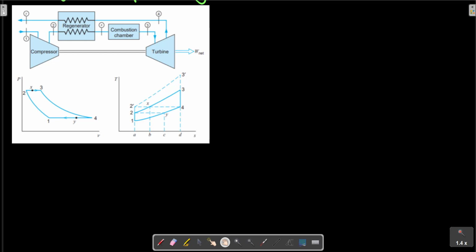In the cycle 1 to X, 3, 4, Y and Y. The temperature of the exhaust gas leaving the turbine in state 4 is higher than the temperature of gas leaving the compressor.